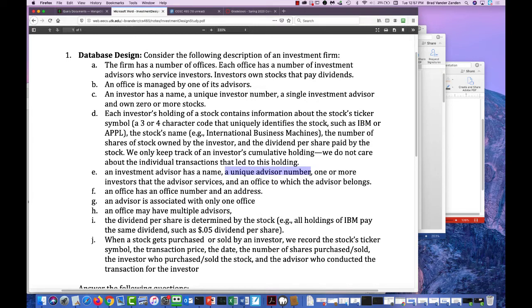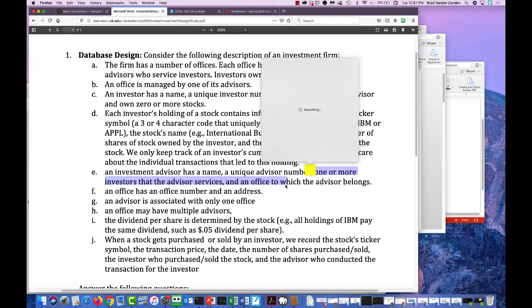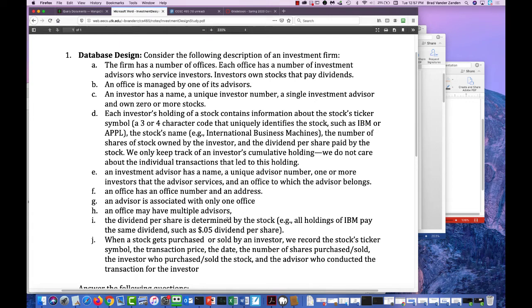Unique, synonymous with identifying attribute. Okay, probably a primary key. 1 or more investors that the advisor services. Okay, what does 1 or more sound like? Multiplicity. So it looks like it's defining multiplicity for our relationship between an advisor and investors.